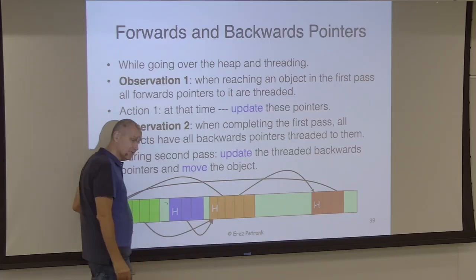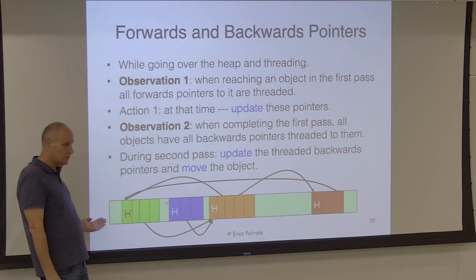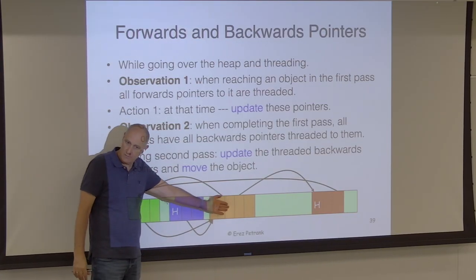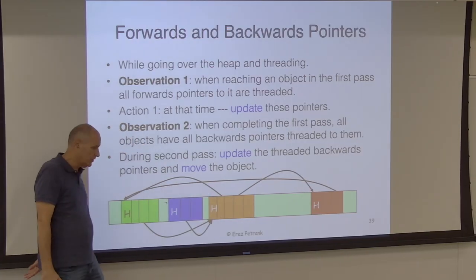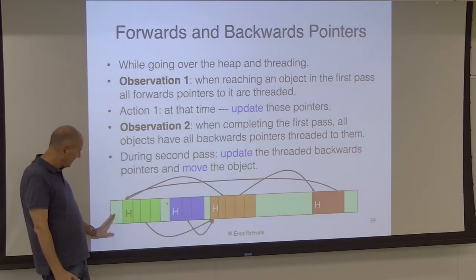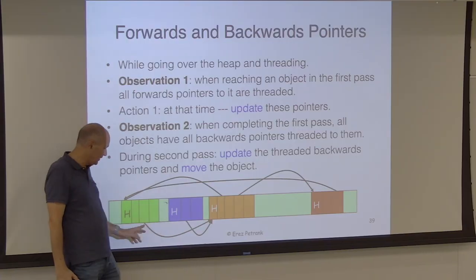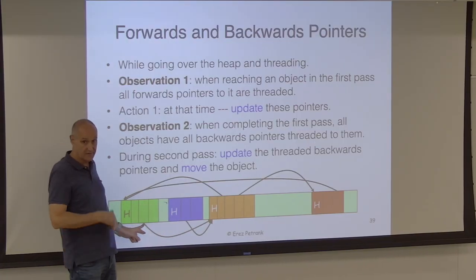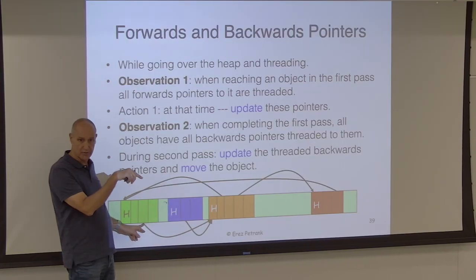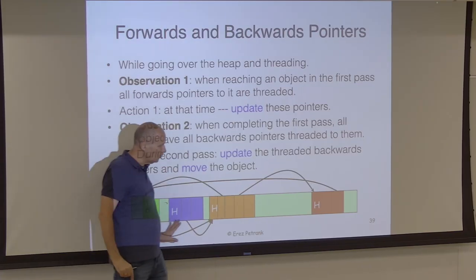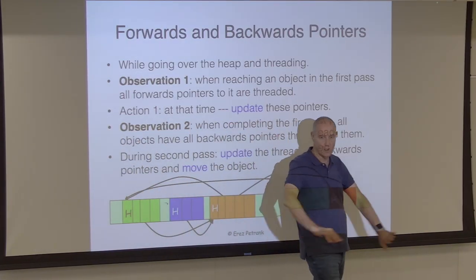If I have a heap, and I need to find all the pointers that point to the orange one, I go throughout the heap, and for each pointer that I see, I thread it to the object it points to. It means that I go over all the pointers in the heap, all of them.